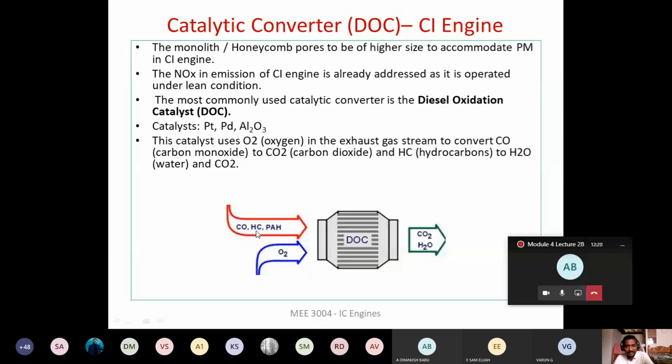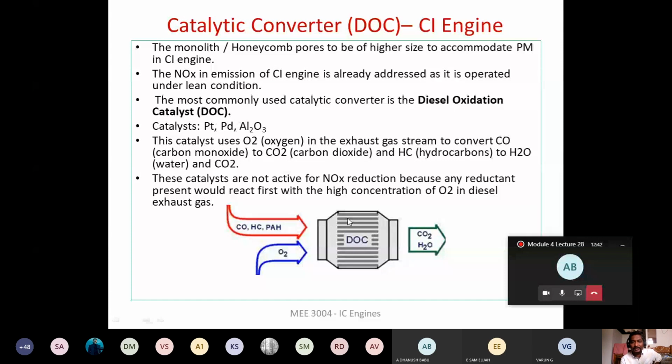It contains unburned hydrocarbon, carbon monoxide, and the pollutant from the lube oil, which we call PAH, polycyclic aromatic hydrocarbon. That has to be removed. All these are removed with the help of the diesel oxidation catalyst, right? However, these catalysts are not active for NOx reduction.